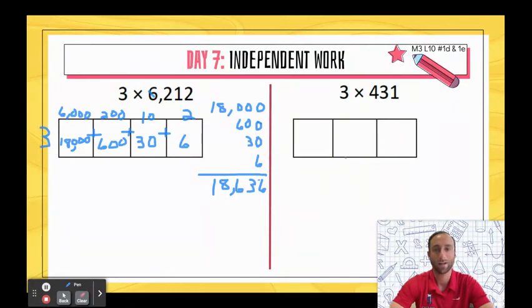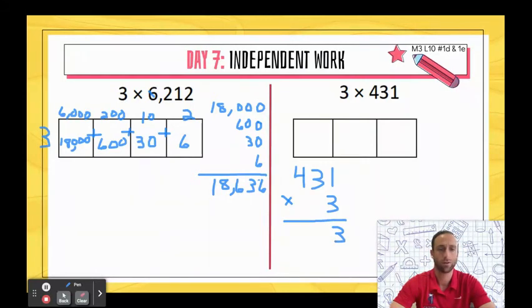For the next problem here, I'm going to show you using just the standard algorithm. So when I did my independent work, I wanted to practice the area model once and then the standard algorithm once. No matter what way I do it, I know I'm going to get the right answer though. So let's take a look at the standard algorithm here. 431 times 3. So remember, I'm going to start in the ones place. 3 times 1 is 3.